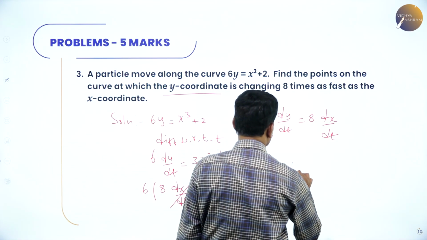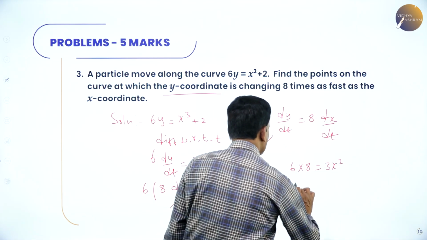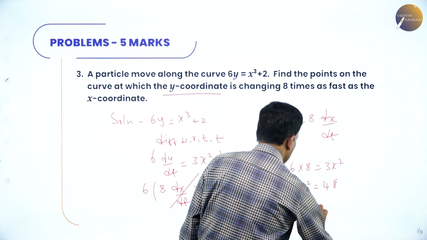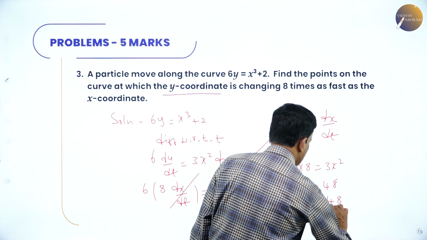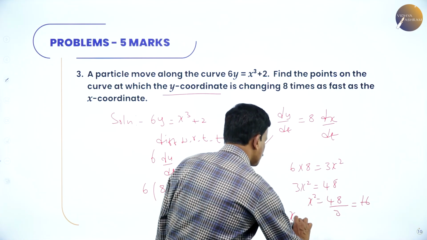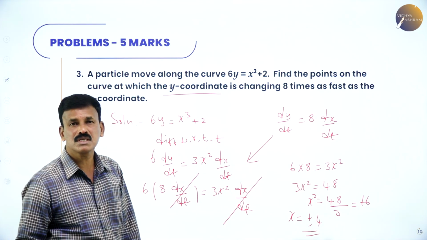So 6 into 8 is equal to 3x square. So 3x square is equal to 48. x square is equal to 48 divided by 3, that's equal to 16. Therefore x is equal to plus or minus 4.